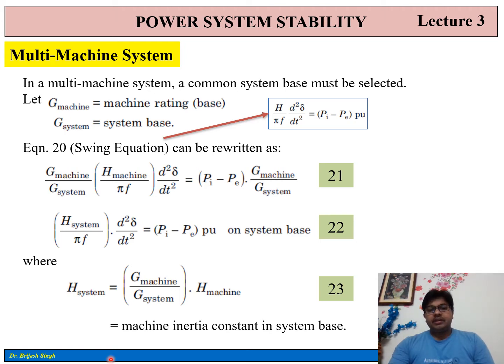Here H system is basically G machine upon G system into H machine, and this can be represented in the form of equation number 23.